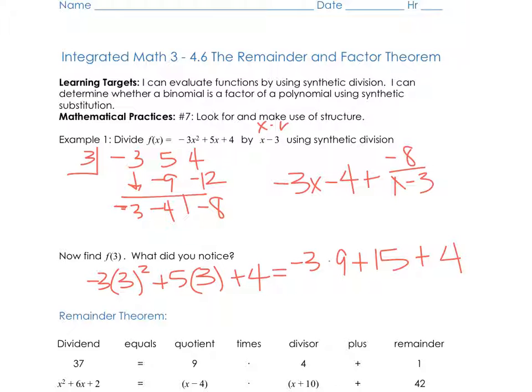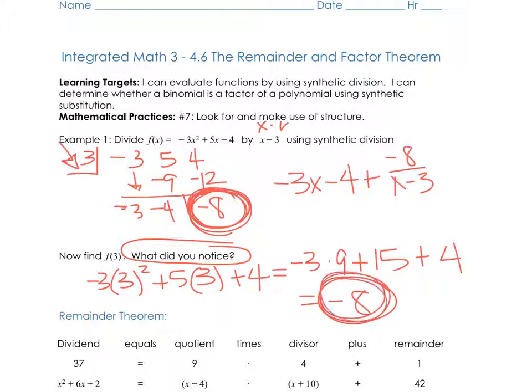And this gives you negative 8. It asks, what did we notice? Well, the remainder of synthetic division with a divisor of 3 is equal to the function value for 3.